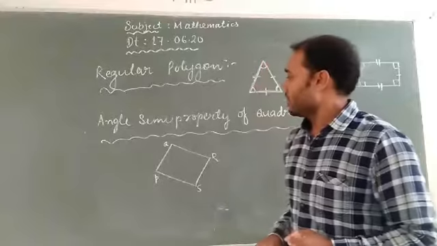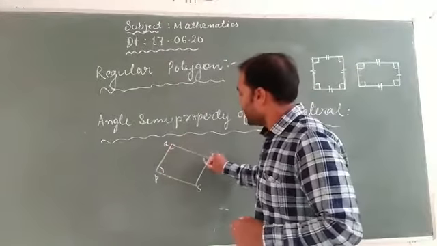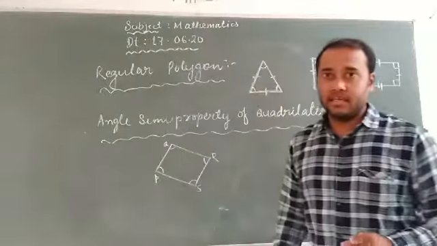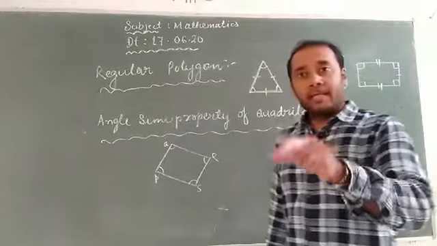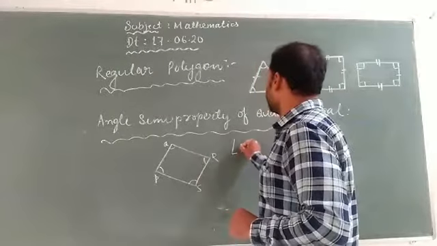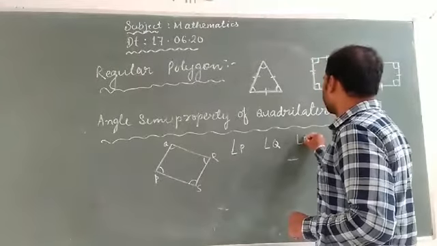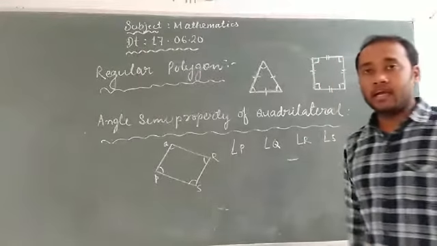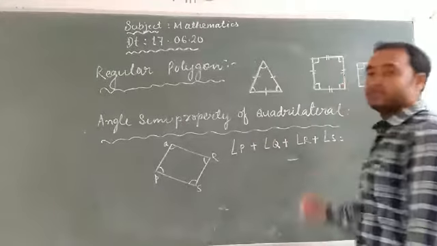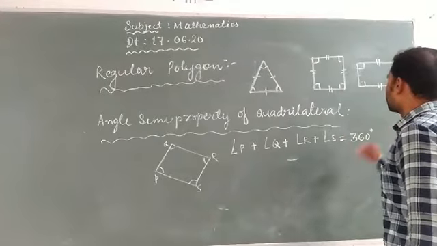As I told you, every quadrilateral has 4 interior angles. In this particular quadrilateral, which is named PQRS here, we have 4 interior angles: angle P, angle Q, angle R, and angle S. If you add all these interior angles, their sum will be 360 degrees.